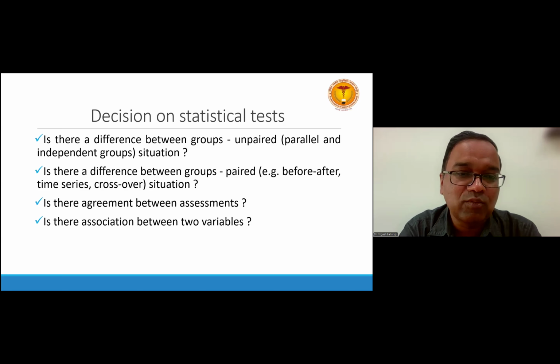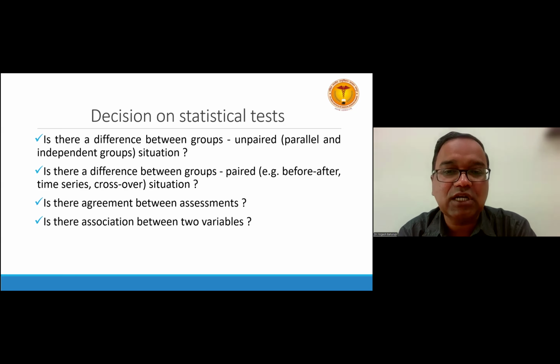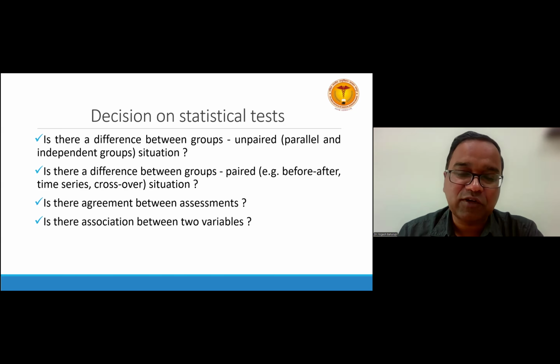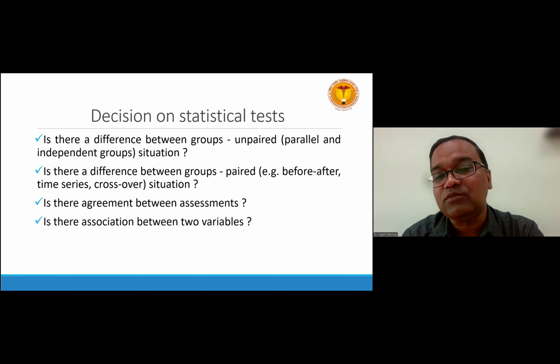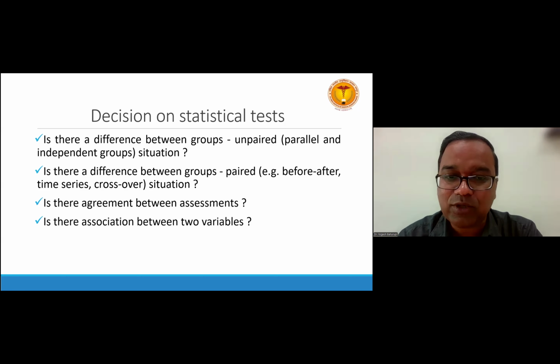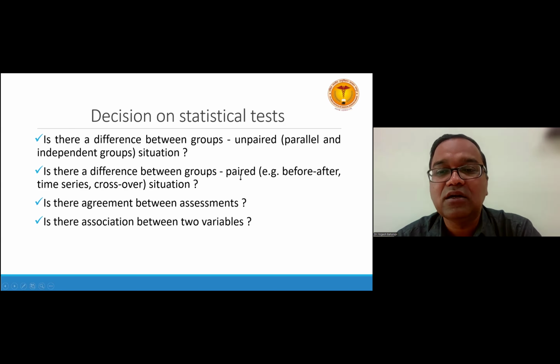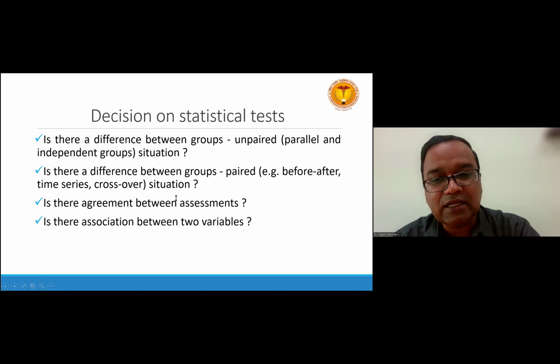Suppose SpO2 before induction, SpO2 immediately after induction, SpO2 after 2 minutes, after 5 minutes, after 1 hour, after 2 hours. So the same participant's data is collected over a period of time. That is a time series, or crossover, which is a type of randomized control trial. If such a situation is there, that's a paired scenario. And then we have 2 more, agreement and association. I'm just going to deal with each one of them in detail.